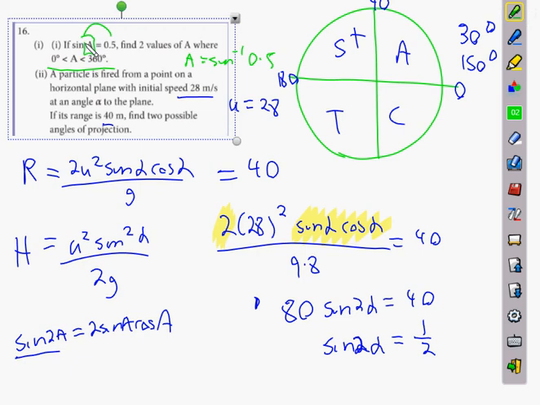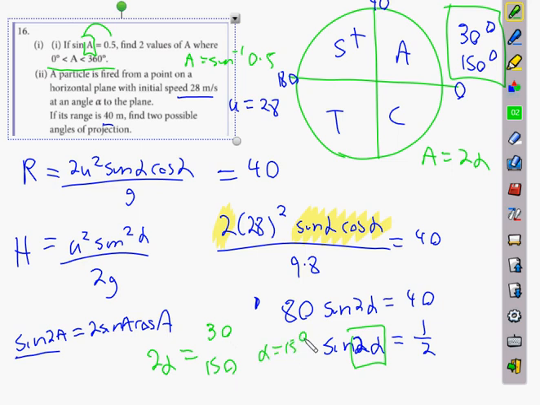So instead of A, we have 2 alpha. So in effect, we can say that A equals 2 alpha, because the sine of the angle equals a half. Our two answers were 30 and 150. So 2 alpha therefore equals 30 or 150. Divide them by 2. The two angles of projection were 15 degrees and 75 degrees. Alright guys.